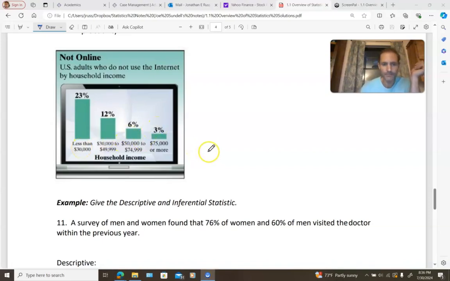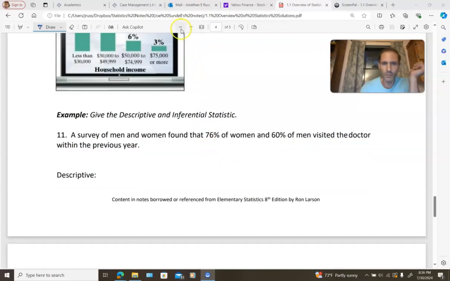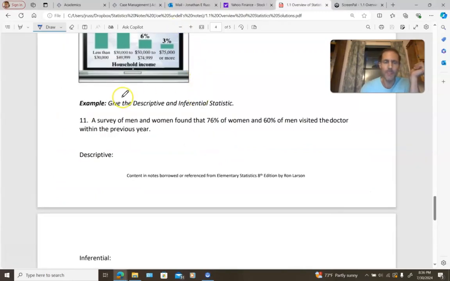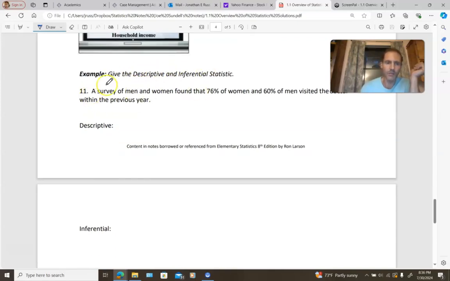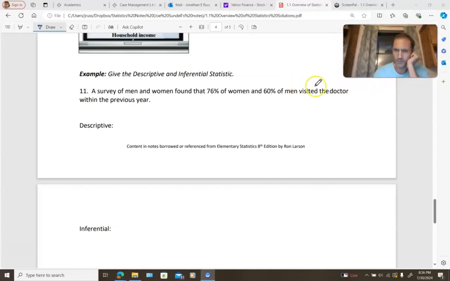So, all right, let's look at the last few examples here. It says, give the descriptive and the inferential statistic. Okay. So it says a survey of men and women found that 76% of women and 60% of men visited the doctor within the previous year.